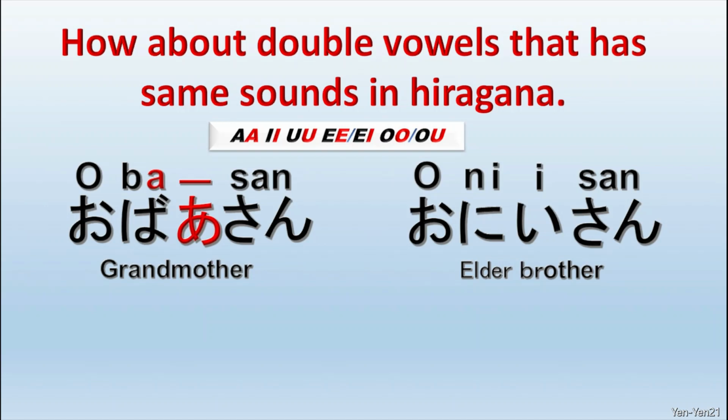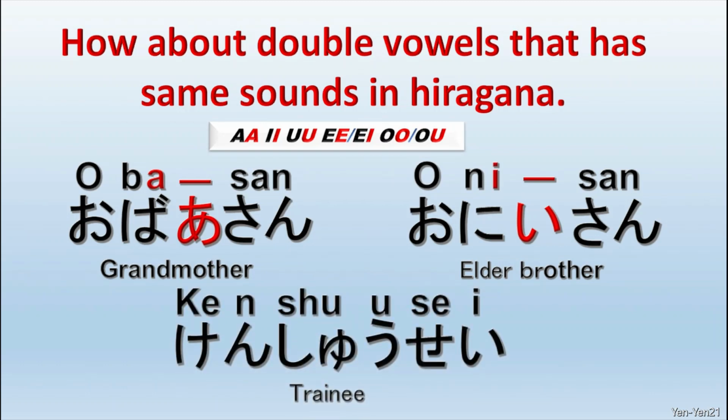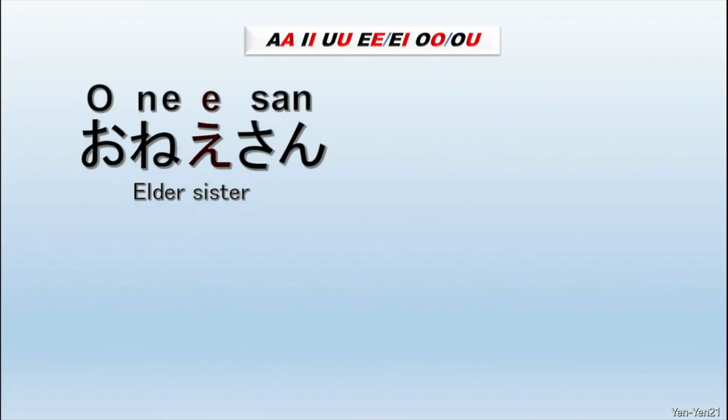Onīsan. Onīsan means elder brother. Kenshūsei. Kenshūsei means trainee. Onēsan. Onēsan means elder sister.